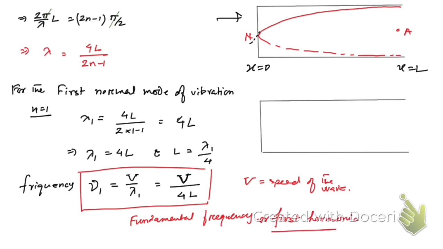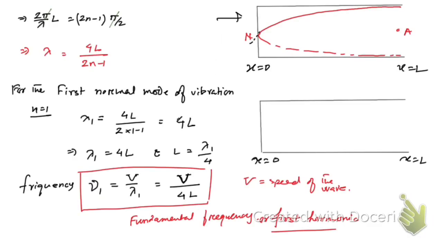Right? So now for the second mode, this is x is equal to 0, here it is x is equal to L, and the second mode will be of this form. Let me take the next slide. Here is the organ pipe, and let me copy the expression for lambda.